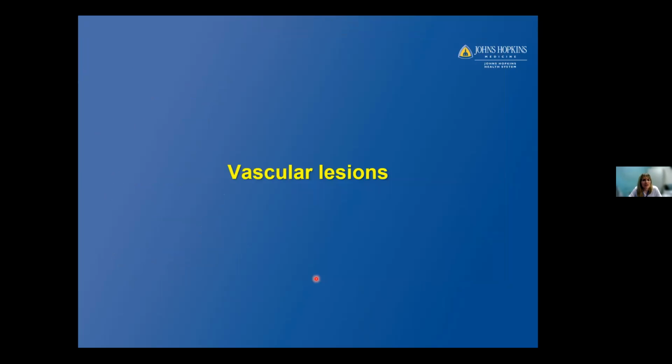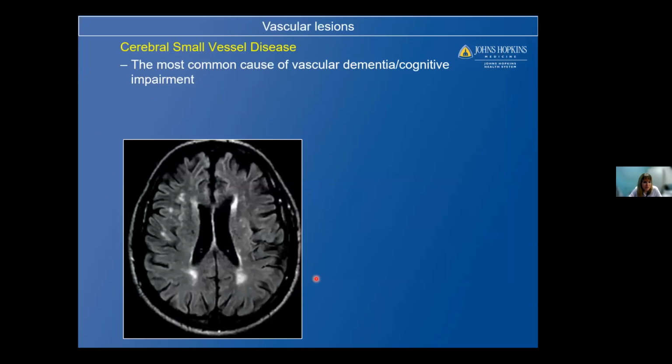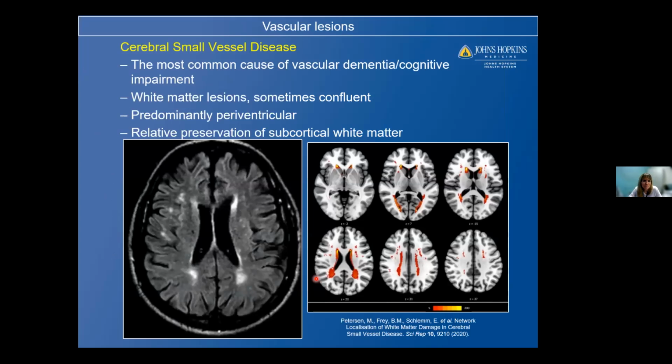All right, now we're going to focus on the vascular etiologies of dementia, where chronic small vessel disease is the most important player, being the most common cause of vascular dementia and cognitive impairment.